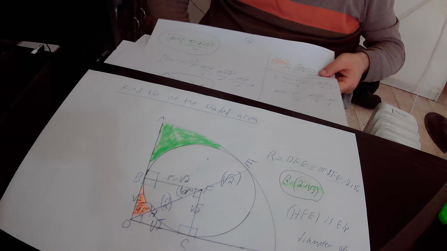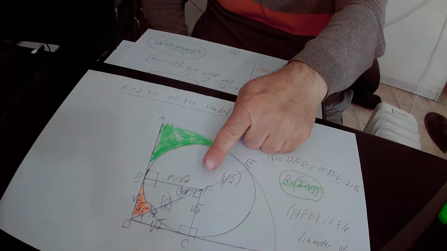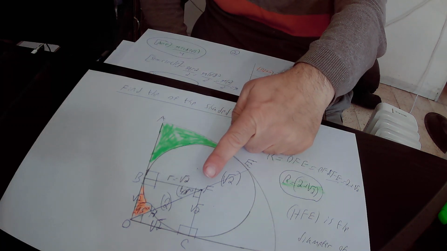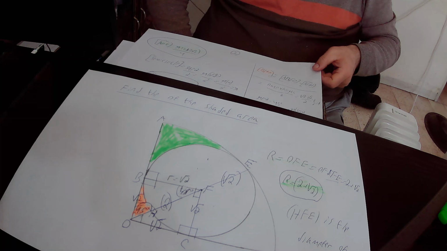What is the area of the small sector BFH? It will be equal to the area of the small circle, that is pi r squared, times the angle between the legs of this sector, that is 45 degrees over 360 degrees.